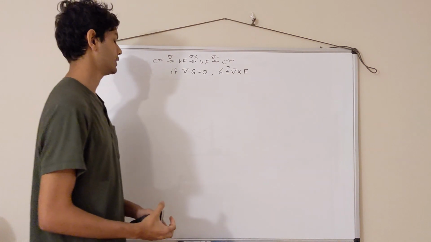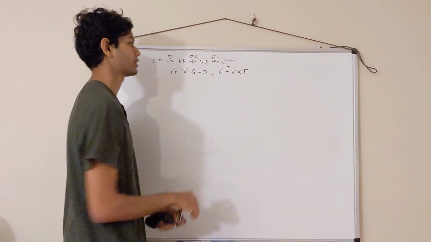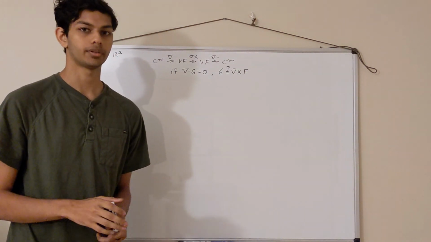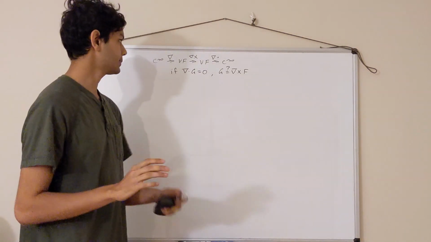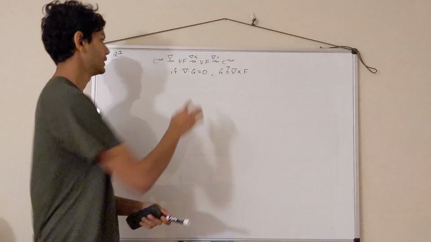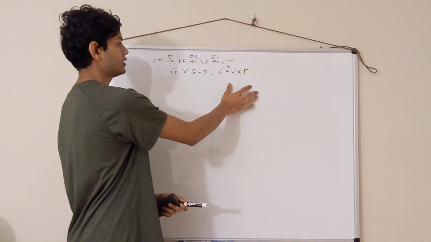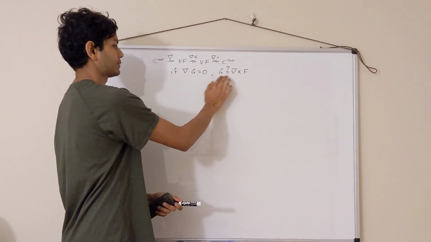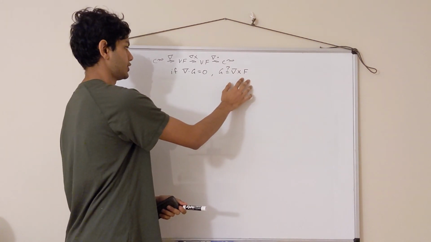However, in this case, we can't do that, and the inverse curl is a bit more difficult to get your hands on. However, just take my word for it that if you're working with a vector field that's defined on all of R3, and the divergence is equal to 0, then that does usually imply that G is the curl of a function.